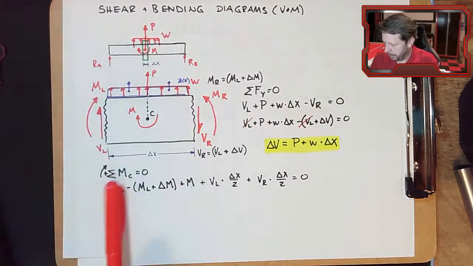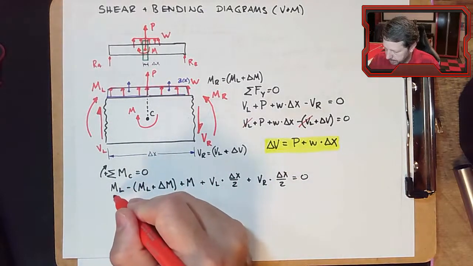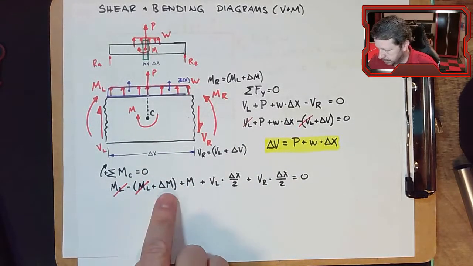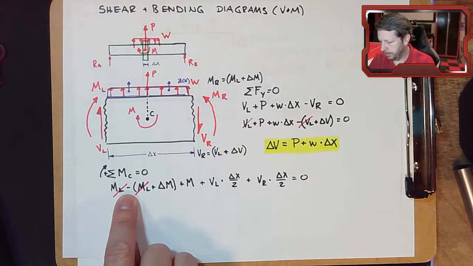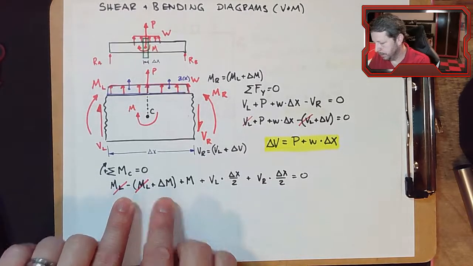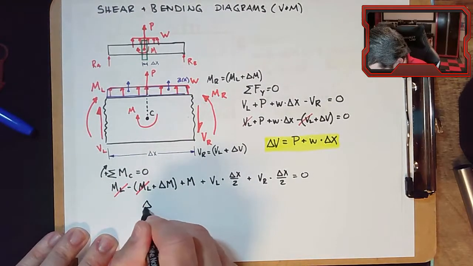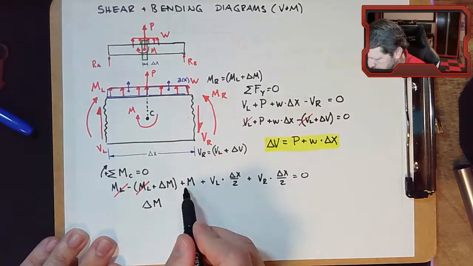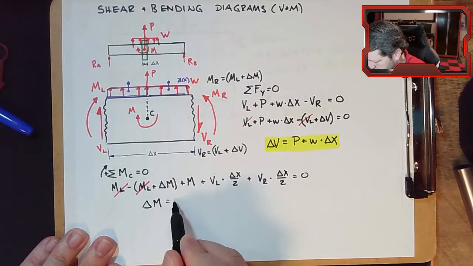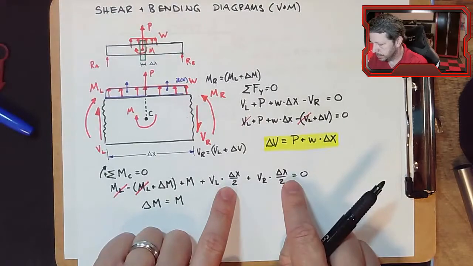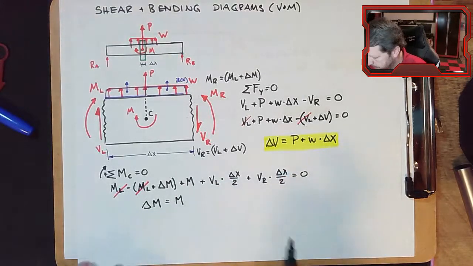Let's start narrowing this equation down. Here's my ML minus ML, so those cancel out. My delta M has a negative sign in front of it, so I'm going to move delta M to the other side of the equation to become positive delta M equals M. And then this term, I have a delta x over 2. I'm going to collect that.